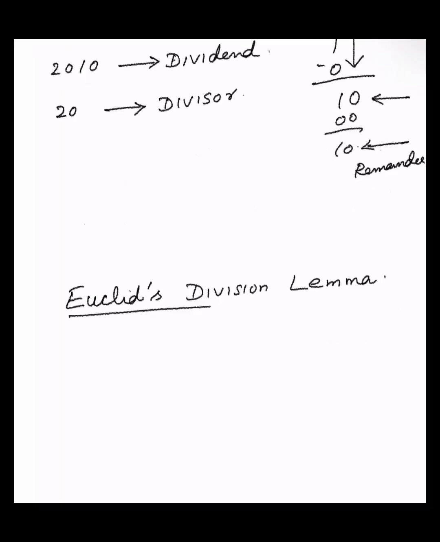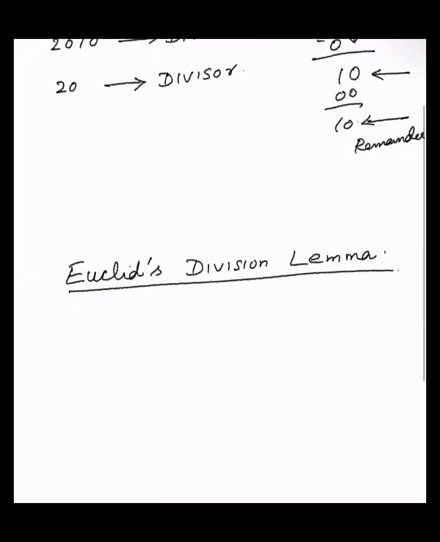So we have something called Euclid's division lemma. What Euclid's division lemma says is: dividend is equal to divisor into quotient plus remainder.